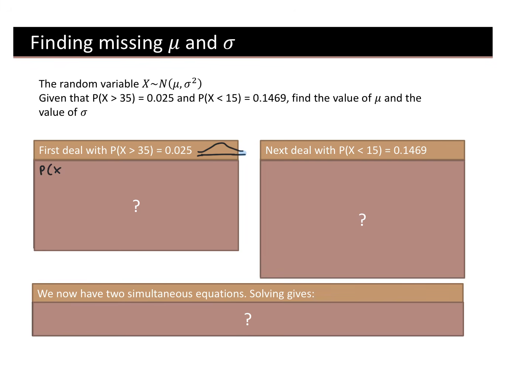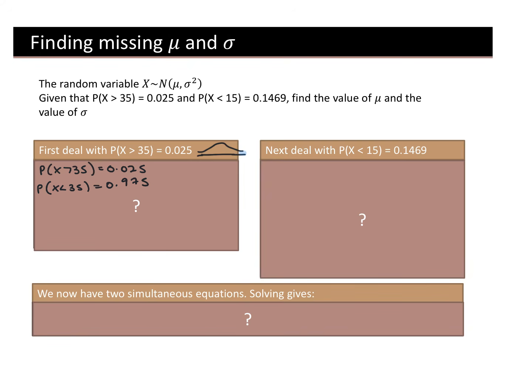So the probability of x being greater than 35 equals 0.025. Probability of x being less than 35 is 1 minus 0.025, which is 0.975. Now the reason we do this is because we can't find anything less than 0.5 on our table.